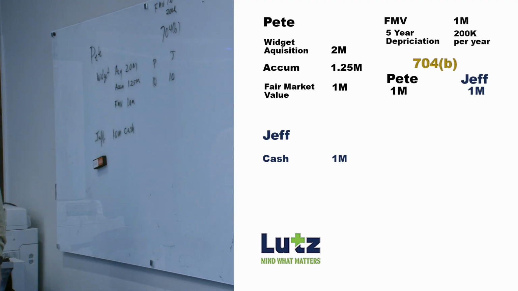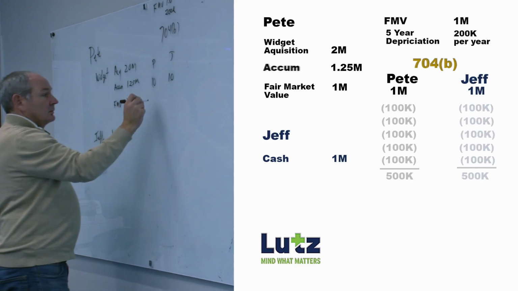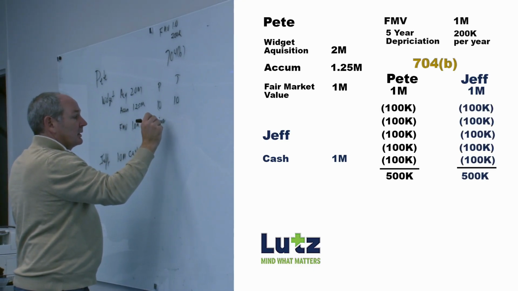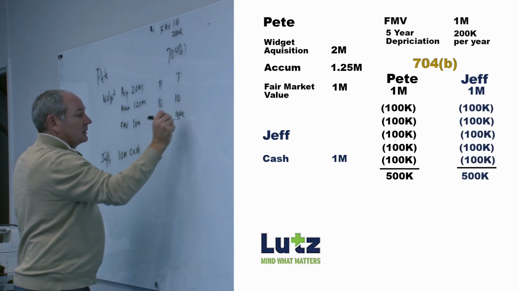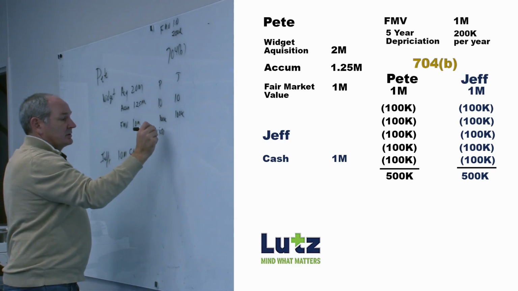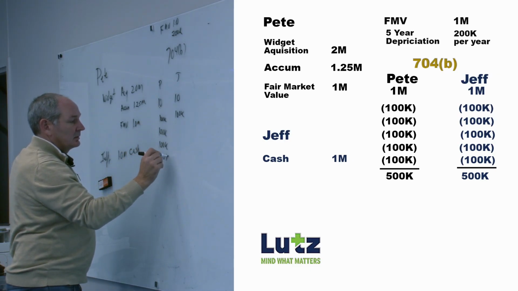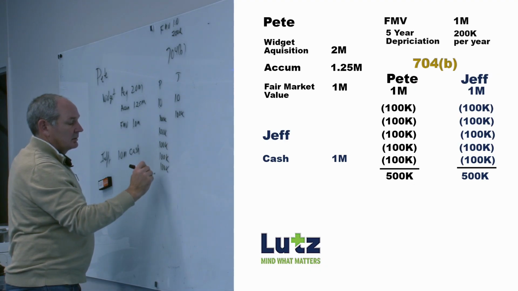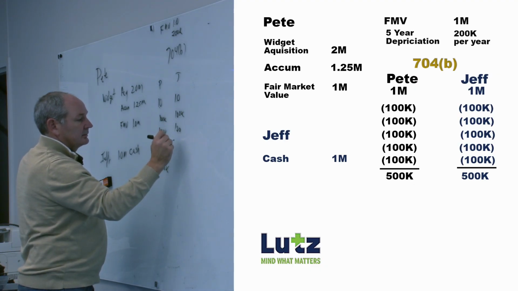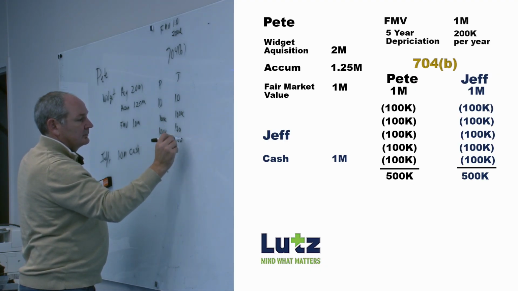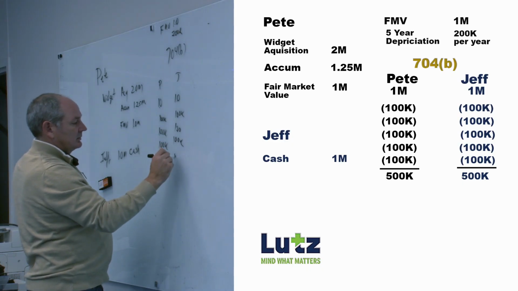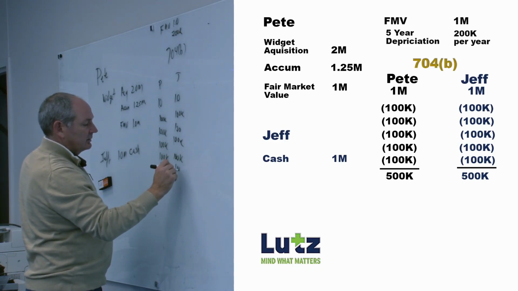And then if Pete and Jeff are 50-50, they'll each get 100,000. Okay, and that's for a period of 5 years, correct? Yep. So then at the end, they'll each be at 500,000. That's 3, 4, 5, correct? Yep.